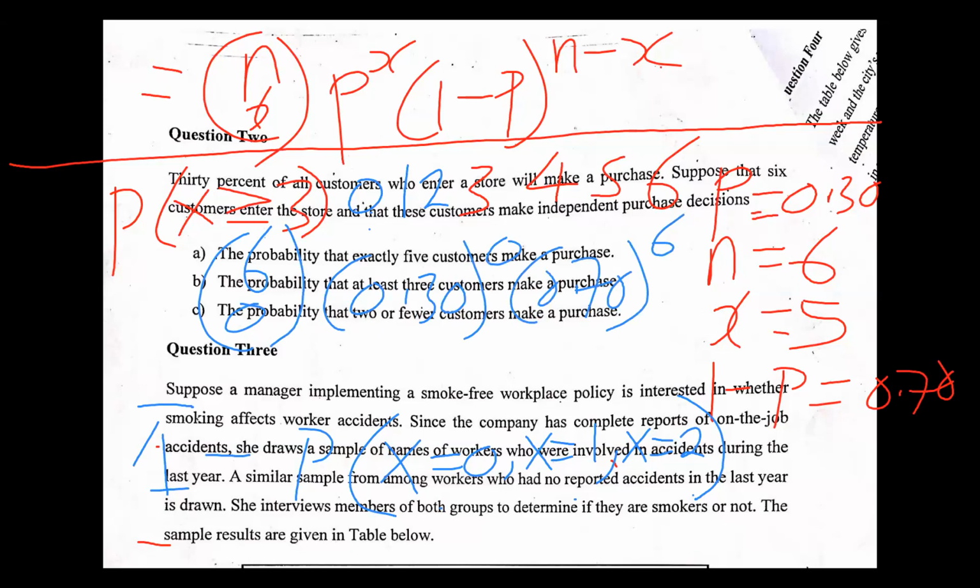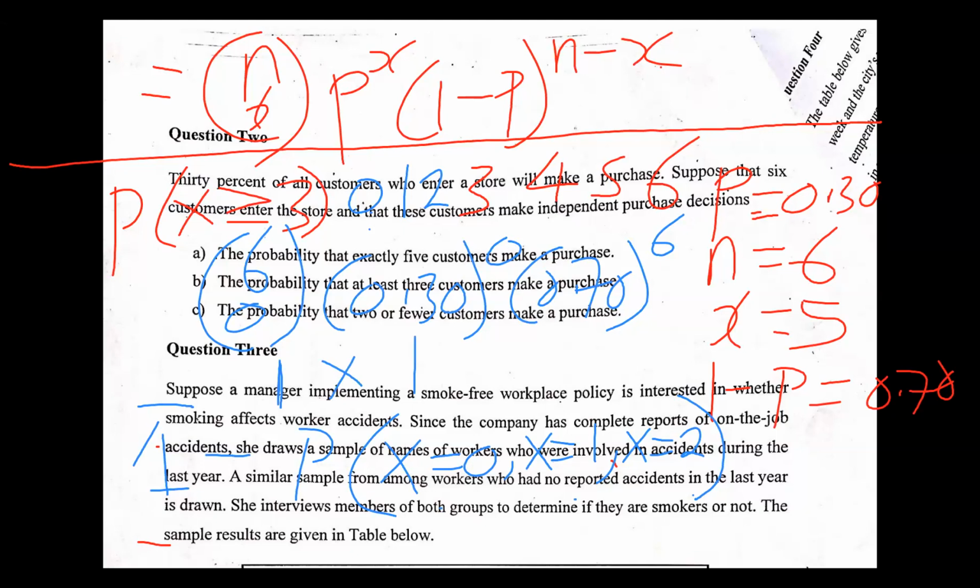So you can do this one quickly. 6 combination 0, the answer is 1. 1 times 0.30 to the power 0 is what? It's 1 as well, because a number raised to the power 0 is 1. We know that.